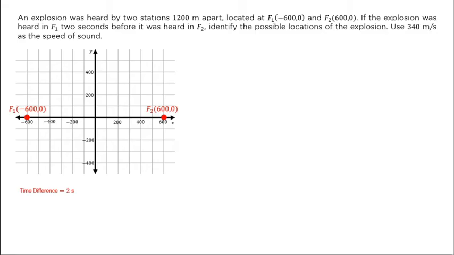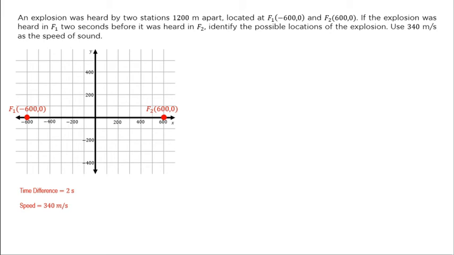The problem is to identify the possible locations of the explosion. We will use 340 meters per second as the speed of sound. So we are given the speed, that is 340 meters per second.